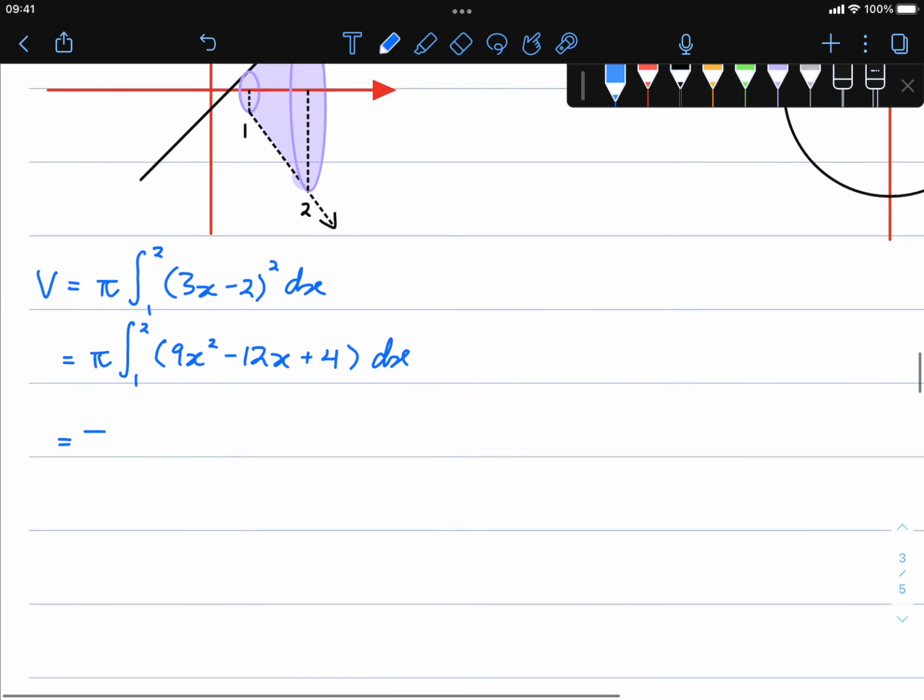Integrating this, we get pi times 3x cubed minus 6x squared plus 4x from 1 to 2.